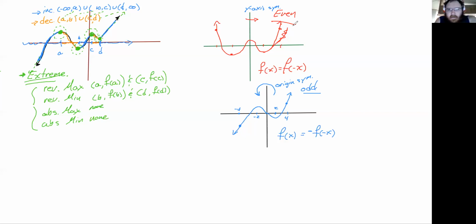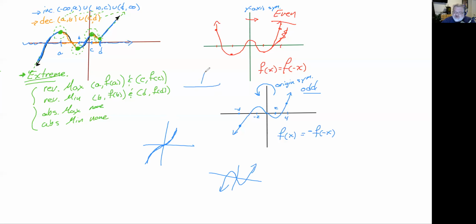That's like an x cubed equation, right? Yeah, some x to the third. If it's just plain x to the third, yeah, x to the third has a nice origin symmetry. Some x to the third equations will behave very nicely, but you can have some x to the third equations that don't. That's not even, that's not odd.